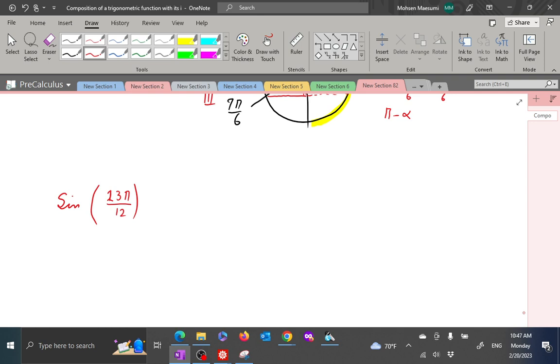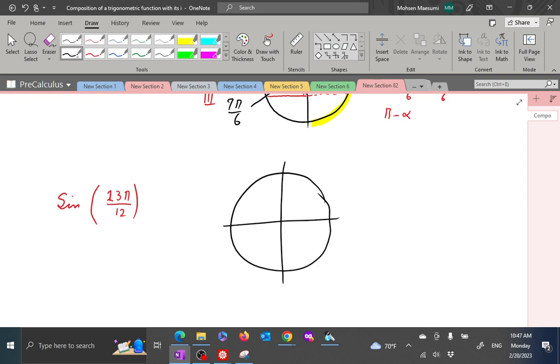Where is that? I draw the unit circle and try to figure out where I am. 23 pi over 12 is almost 2 pi, somewhere here. I figure out that I am in quadrant 4. Now I want to be in the range from minus pi over 2 to 0 instead.